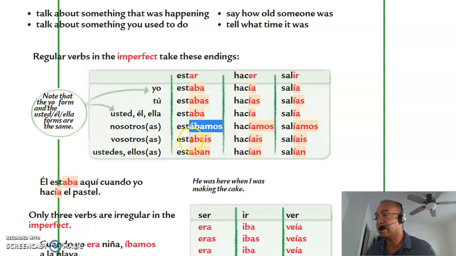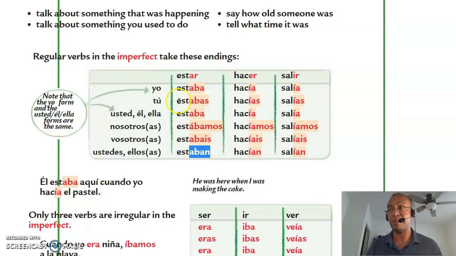Vosotros, abais is the ending. Estabais. Ustedes, ellos, and ellas, the ending is aban. Estaban. Not Esteban, the guy, but estaban. They used to be. So all AR verbs that are regular verbs are aba verbs. For example, if you say, I used to walk. How do you say walk?